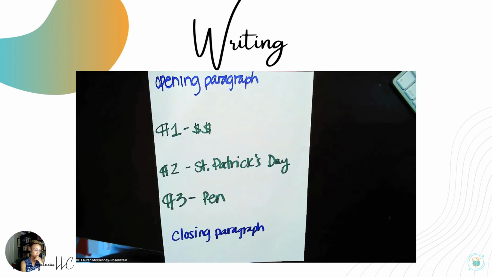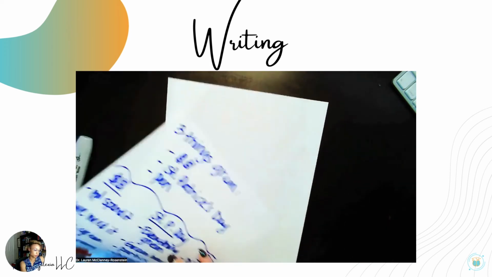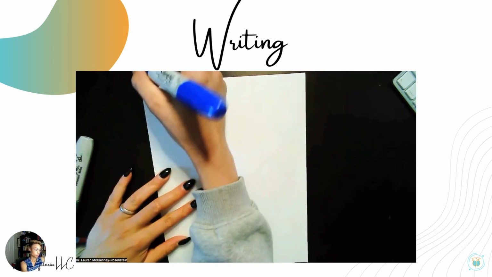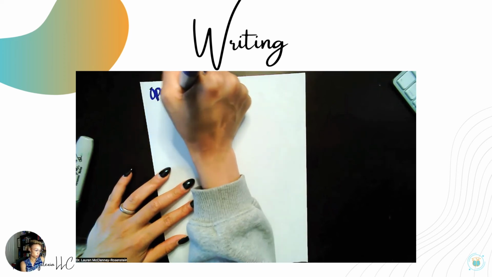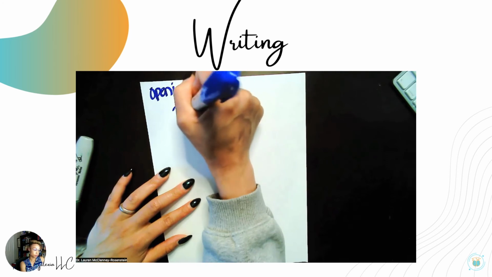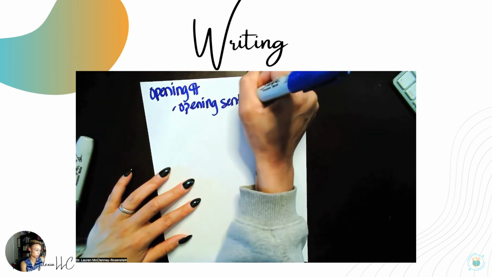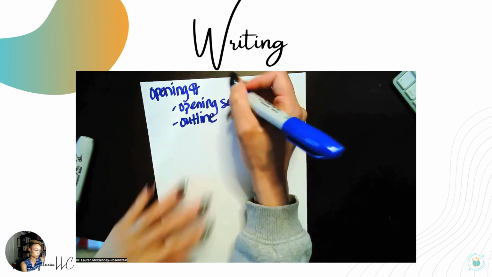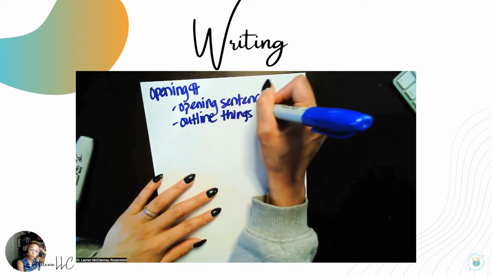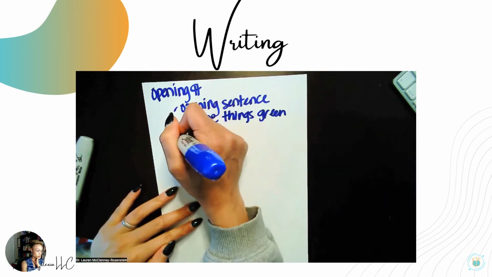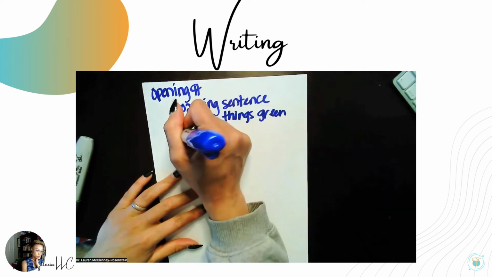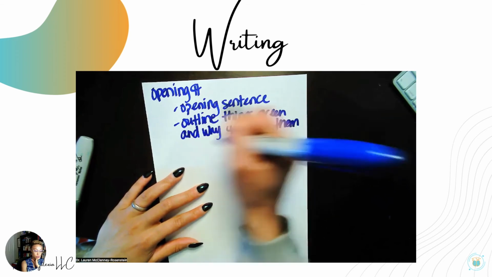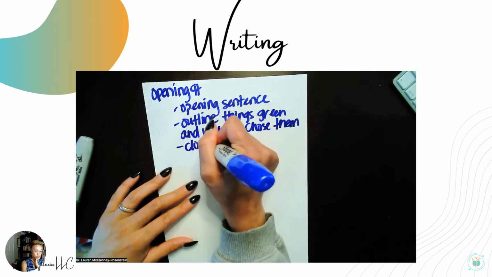So for the opening paragraph, you would have an opening sentence, then an outline of things that are green and why they're important, outline things that are green and why you chose them, or why they're important, whatever it is. And then you'd have a closing sentence.